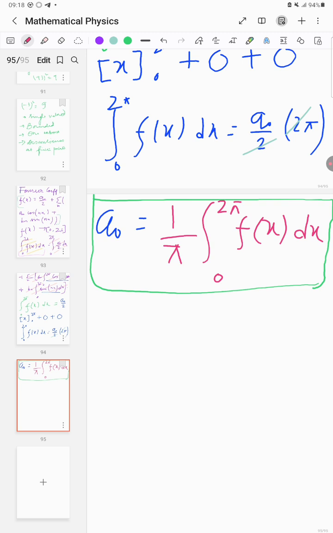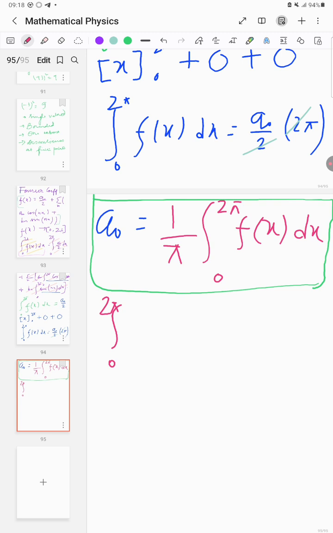So for finding out an, we will write the same statement again, but this time we'll multiply the entire equation, both left hand side and right hand side, with the cos mx term. If we multiply something on both sides of an equation, then the equation doesn't change, right?